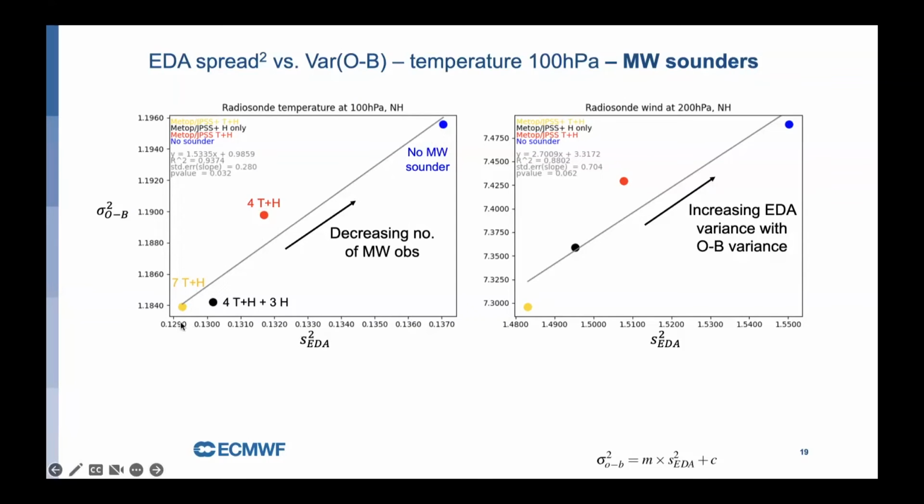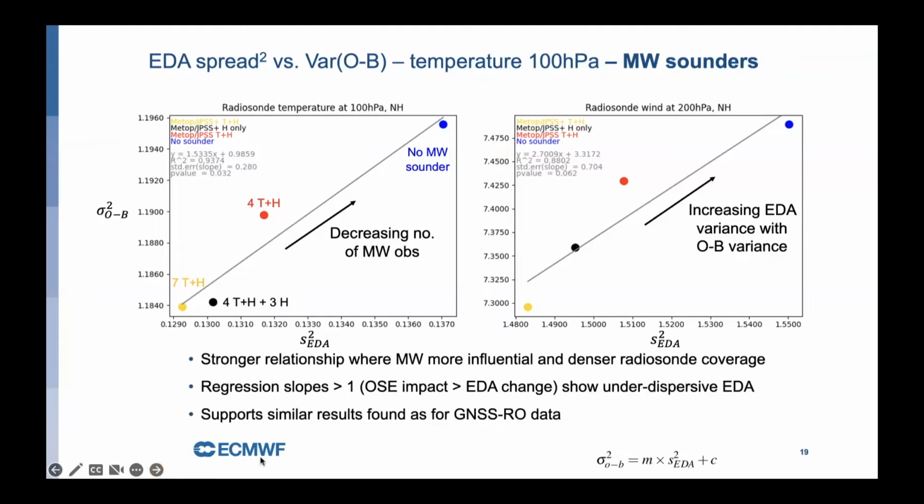But when you look closely, especially for wind in 200 hectopascal in the northern hemisphere, the EDA spread values are much smaller than the values for the O minus B statistics. And again, the scaling factor here does vary, which is just summarized here.